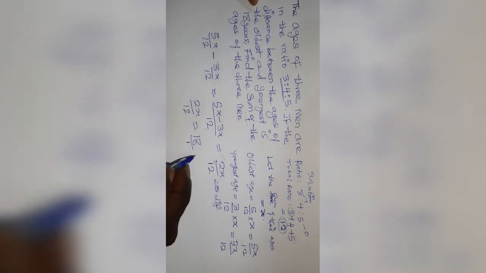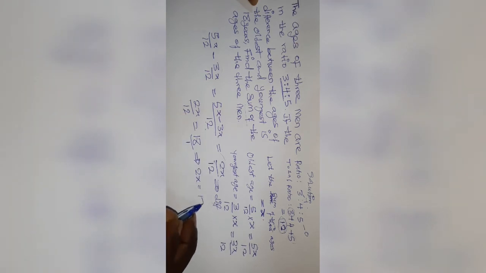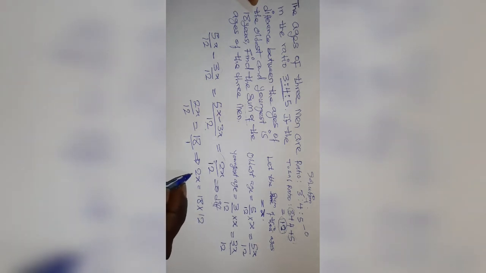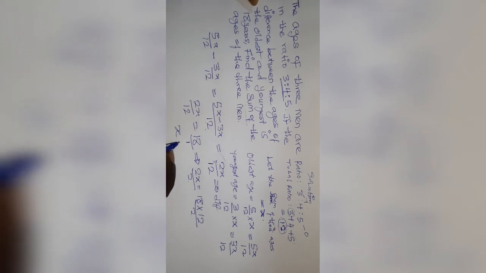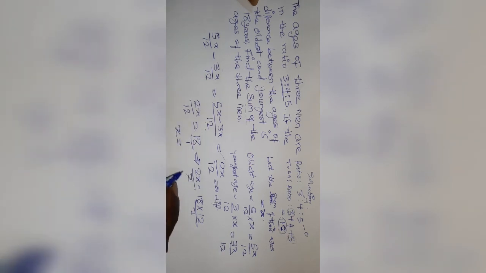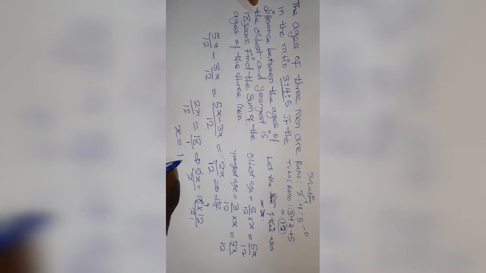Cross multiplying, it implies that 2x is equal to 18 multiplied by 12. We divide both sides by 2, so x is equal to, 2 cancels 2, 1, 2 here, 9 times 12, that's 108 years.